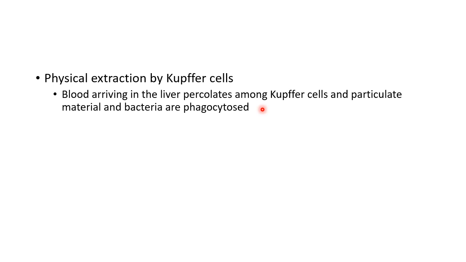They're not really that tight. So some particulates from the foodstuff and even whole bacteria can go into the portal venous drainage and into the liver. But have you ever wondered why we don't get sepsis? Because the majority of those particulate materials and whole bacteria are phagocytosed by Kupffer cells.